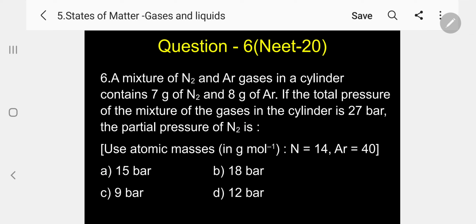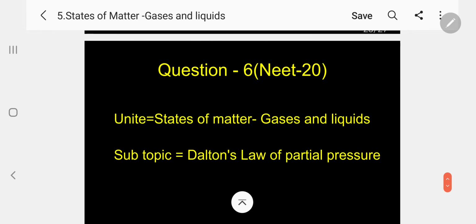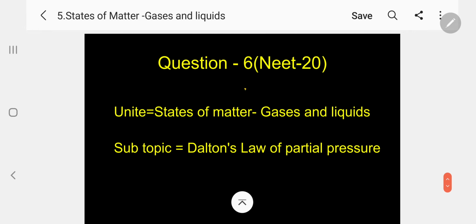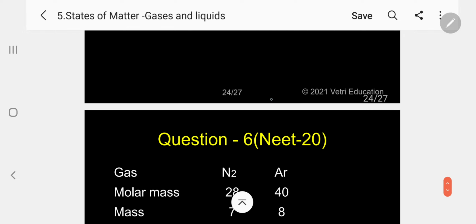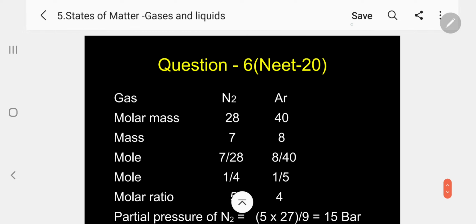So let me go for the idea. This is asked under the unit states of matter, gases and liquids. Subtopic Dalton's law of partial pressure. What is Dalton's law of partial pressure? Kindly, you must know. So let me explain. Total pressure is equal to the sum of the partial pressures of individual gases.